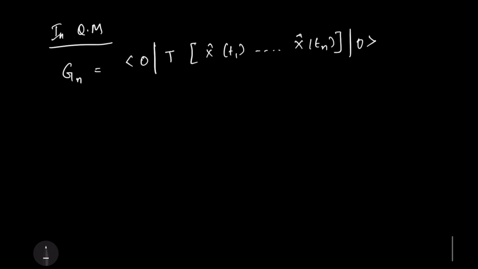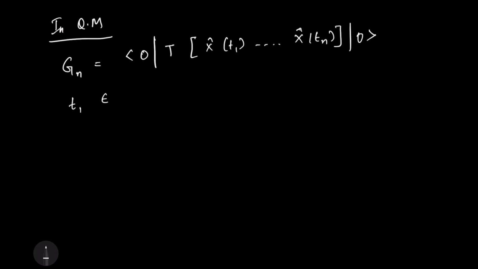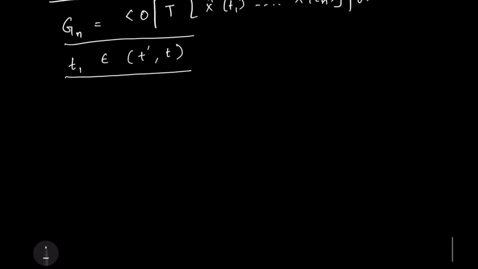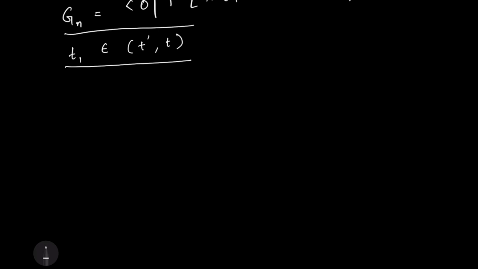Okay. So in quantum mechanics, first consider a time t1 which is in between the times t prime and t. Okay, so t1 belongs to the interval t prime comma t. Then I can write the operator x of t1 acting on x prime t prime as equal to, okay, now I am going to insert the completeness identity.